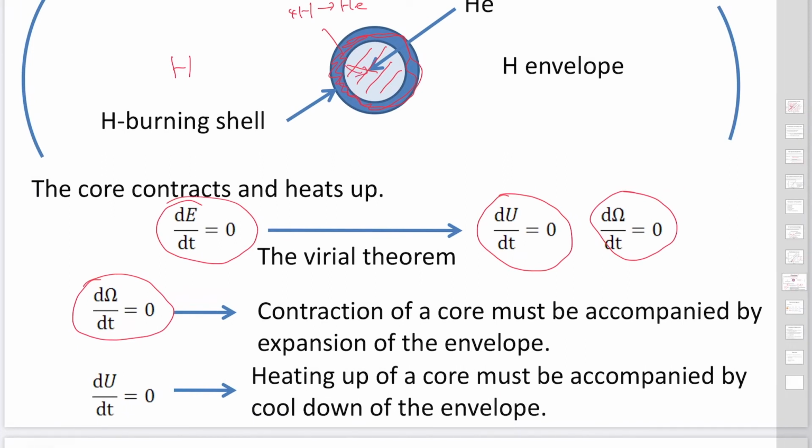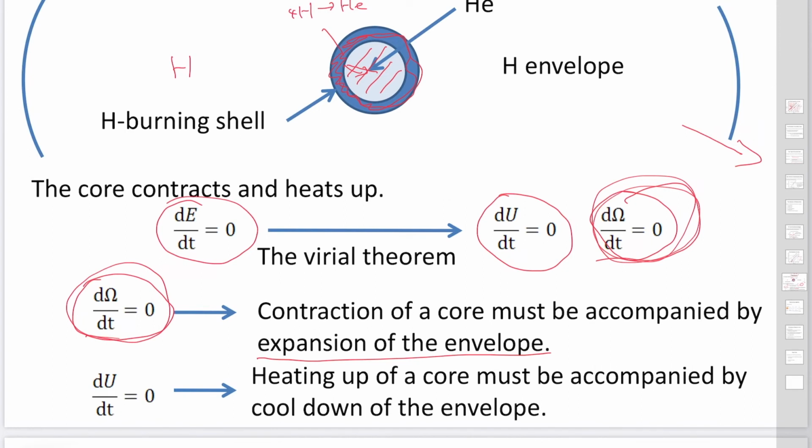Contraction of the core must be accompanied by the expansion of the envelope. The central region contracts, so the gravitational potential energy is changing at the center. Total potential energy has to be conserved. The envelope has to decrease its potential energy, so the envelope has to expand.